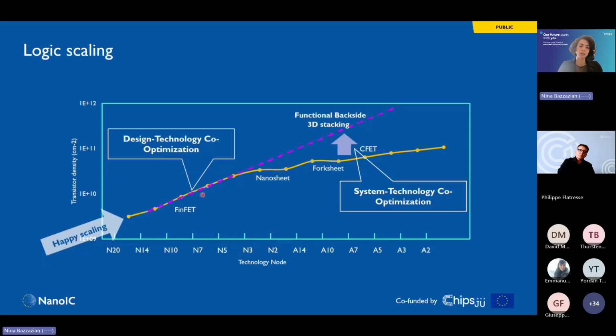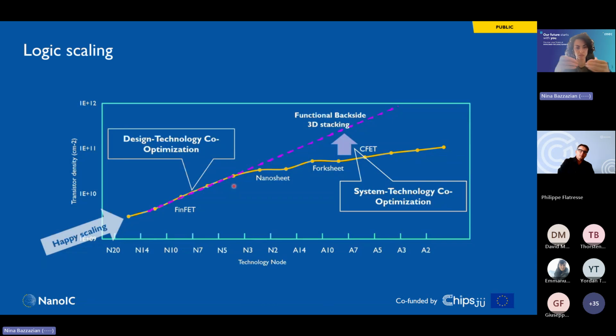And so to keep scaling innovation moving forward, the industry increasingly relied on so-called DTCO, Design Technology Co-optimization, which brings technology development and circuit design together.